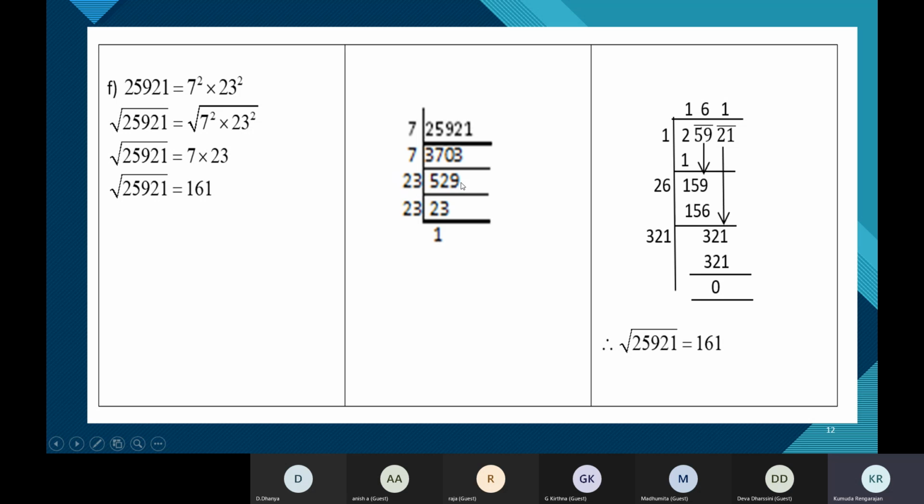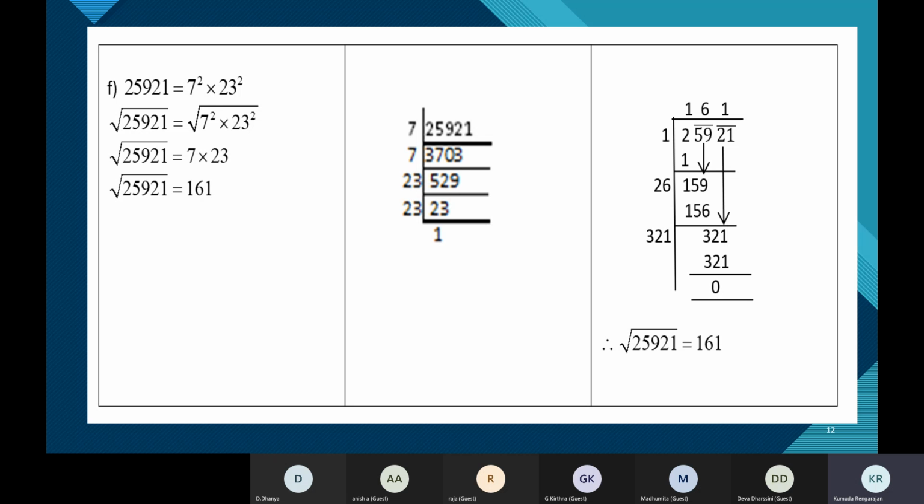Now this number 529 lies after 20 square, correct? 20 into 20. See, now it happens like this. So you try by 2, 3, 5, it's not working, 7 doesn't work, 11 doesn't work, 13 doesn't work. You become tired. So now you can guess the number.